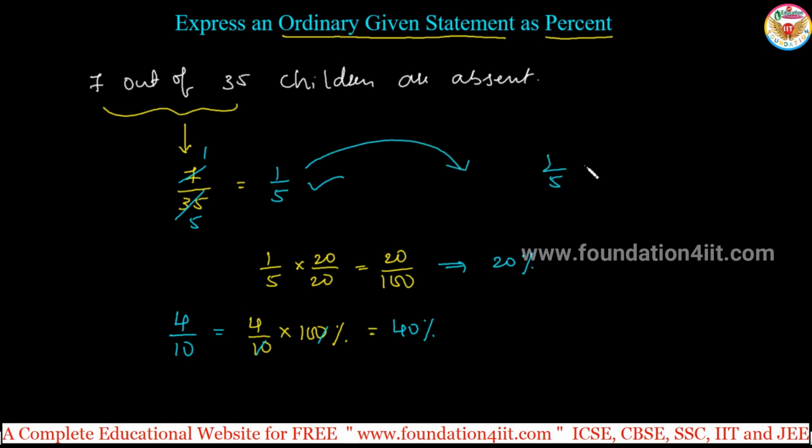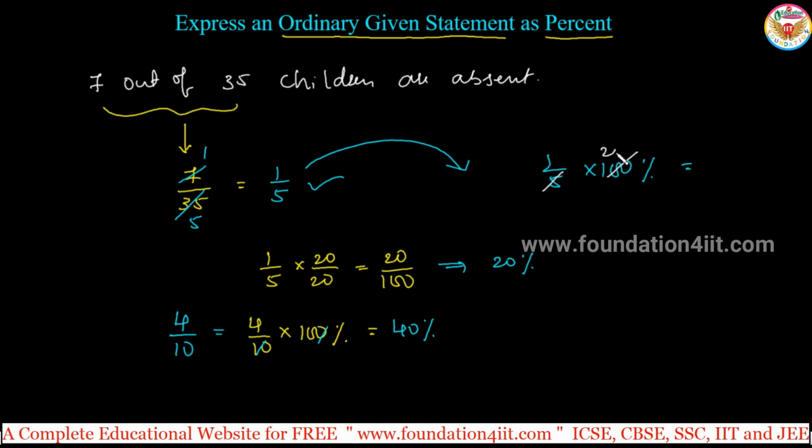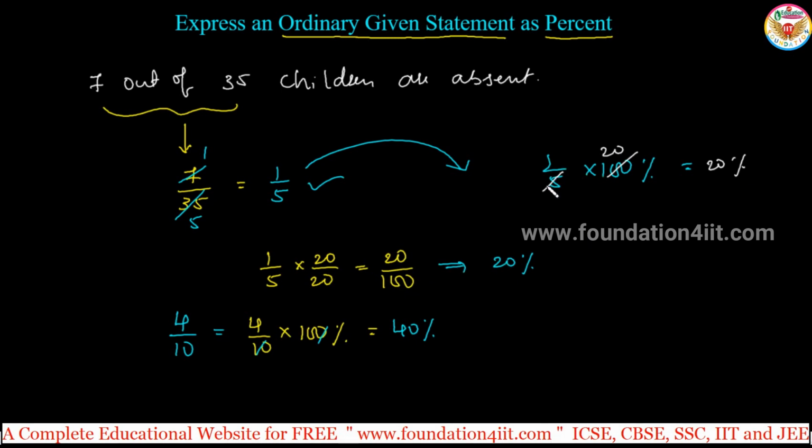Previous 1 by 5, just multiply with 100, keep the percentage symbol and calculate. 5 times 2 is 10, 5 times 20 is 100, so 20%. Same as making the denominator 100 and 20 out of 100 is 20%. So to convert a fraction to a percentage, multiply with 100 and keep the percentage symbol.